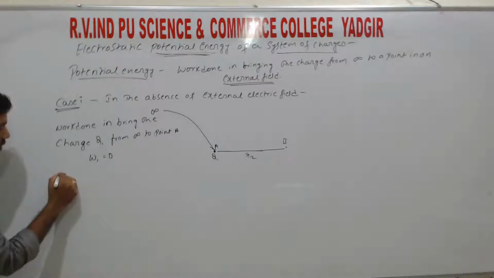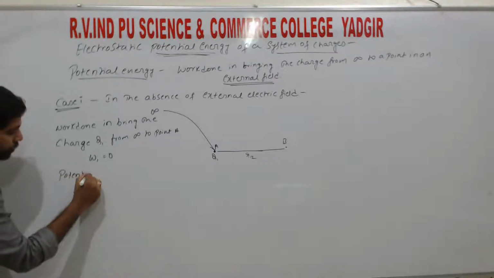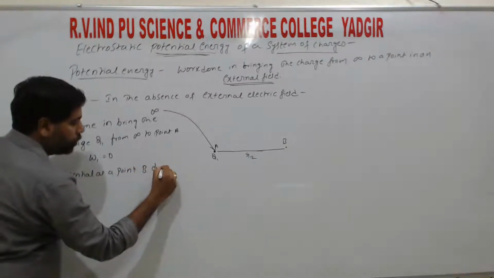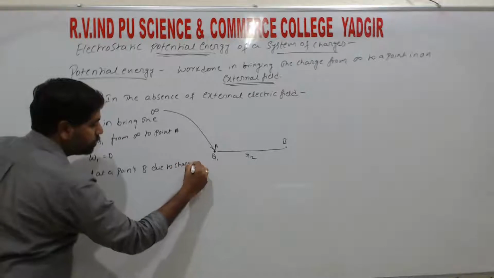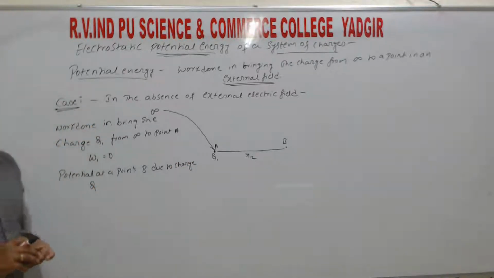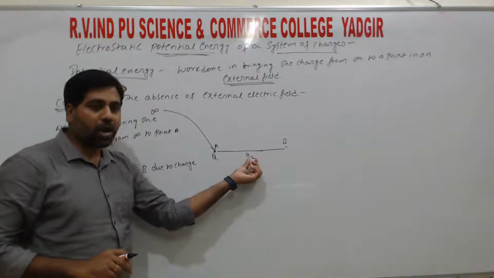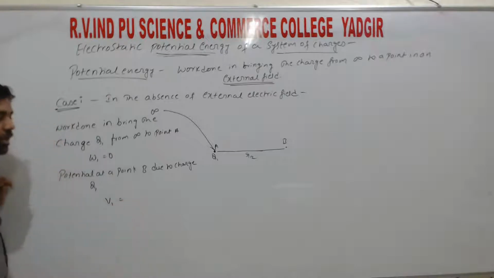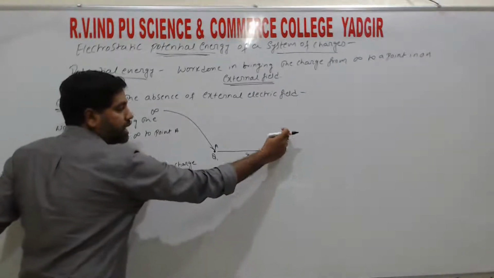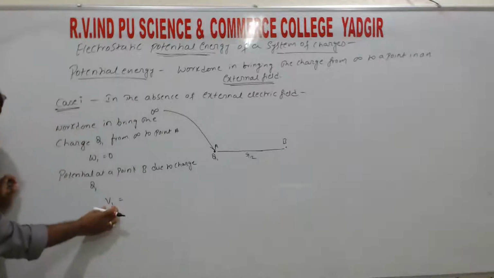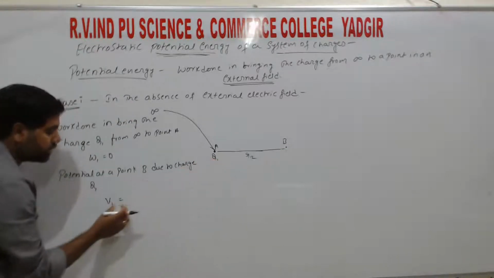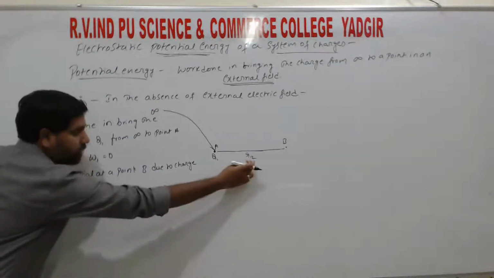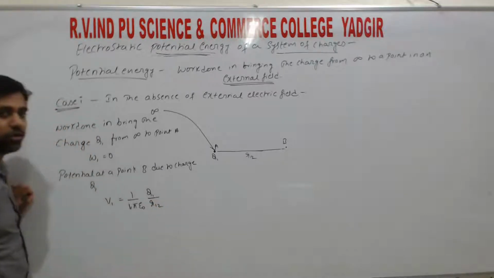So this point B is at a distance R12. By the definition, the potential V1 at the point B due to charge Q1 is V1 equals 1 divided by 4 pi epsilon naught, Q1 divided by the distance R12, right?